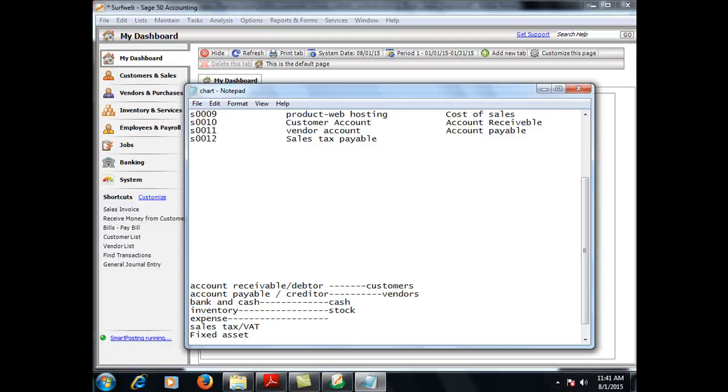If you didn't remit it to the government, it's a payable, just like a vendor that you must pay. So what part of the balance sheet? He said liability. Thank you.